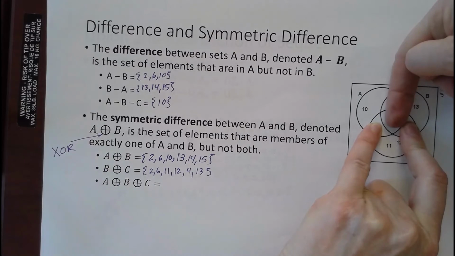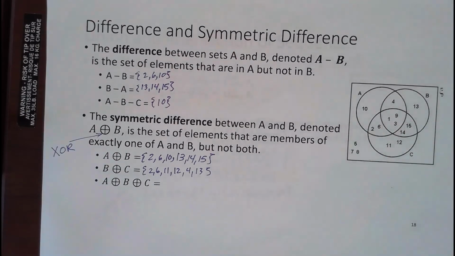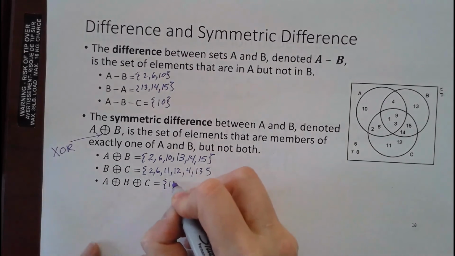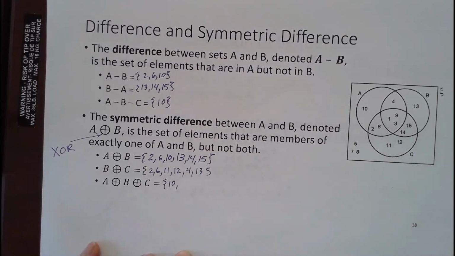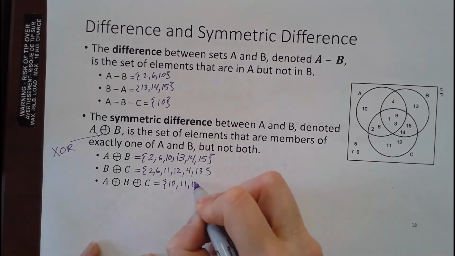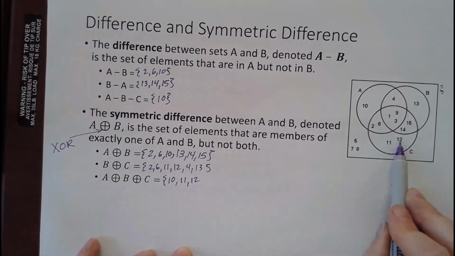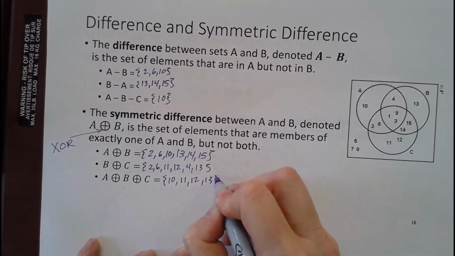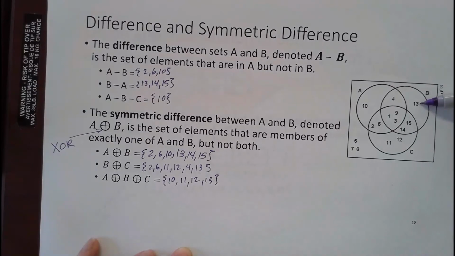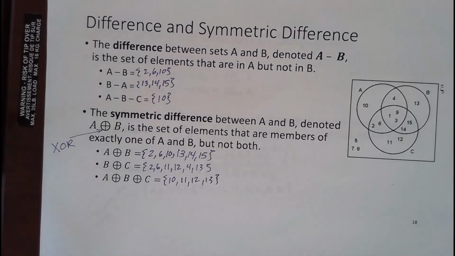So it's A or B or C, but not in any of their intersections. So we've got 10 that's only in A. We've got 11 and 12 that are only in C. And we've got 13, I heard somebody say that's only in B, up there. So that would be the symmetric difference of all three of them.